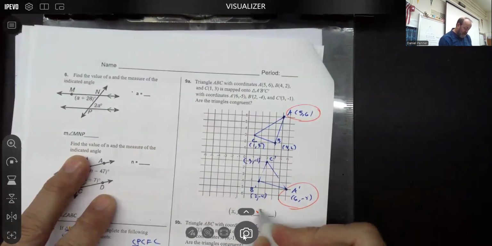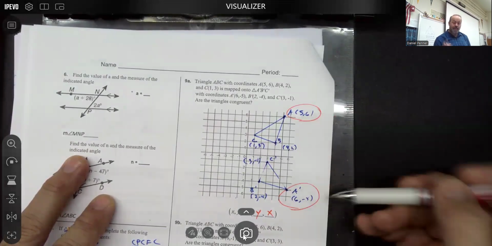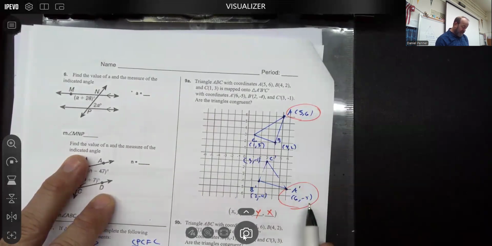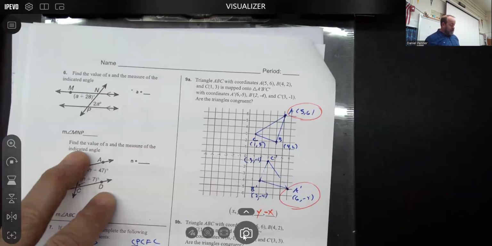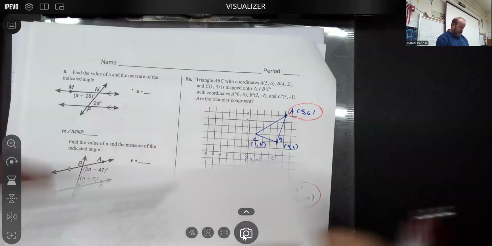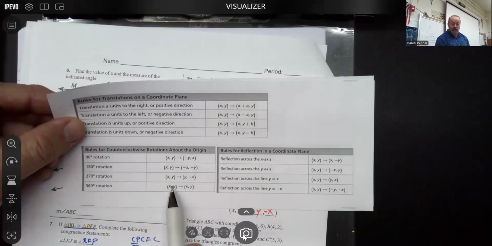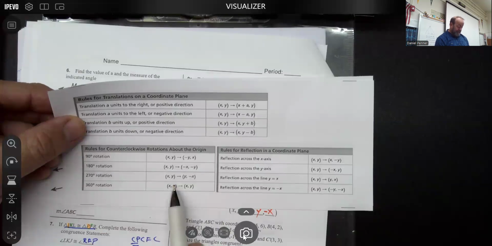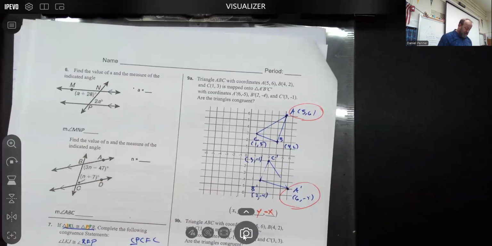The x's and y's switch places: 1, 3, 3, 1, 5, 6, 6, 5, etc. But you're also going to notice that the old y value, the old x value became negative. That is our rule, which was actually the rule for doing a 270-degree rotation counterclockwise or 90 degrees clockwise. The one we wrote down is the counterclockwise, but clockwise would work as well.